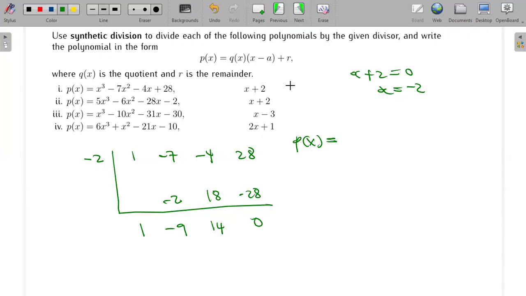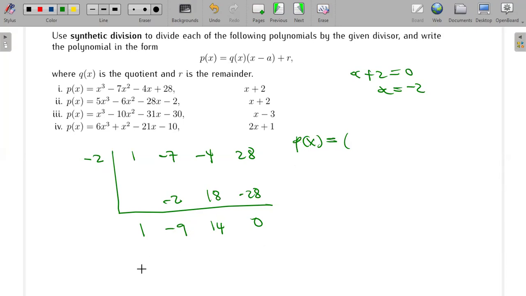Therefore, P of x is equal to Q of x times the divisor. Q of x is what you found to be your answer, or our quotient in short. This synthetic division reduces the polynomial by a degree of 1.